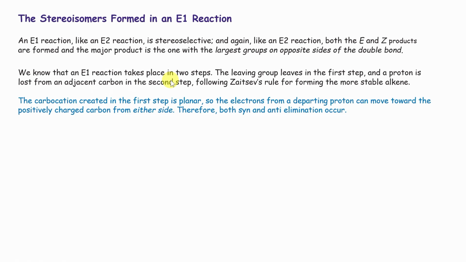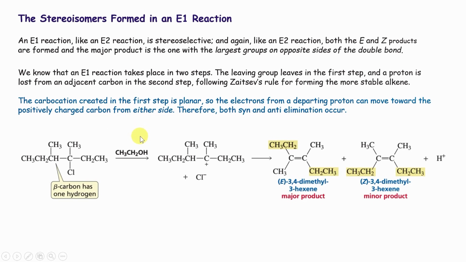The leaving group first leaves in the first step, and a proton is lost from an adjacent carbon atom in the second step, following Zaitsev's rule for forming the more stable alkene. The carbocation created in the first step is planar, so electrons from a departing proton can move towards the positively charged carbon from either side. Therefore, both syn and anti-elimination occur.